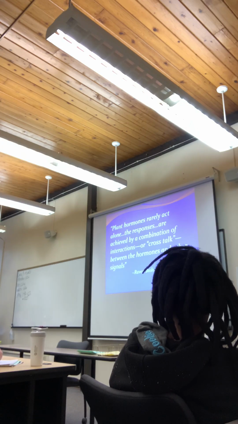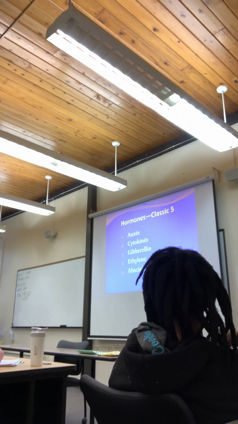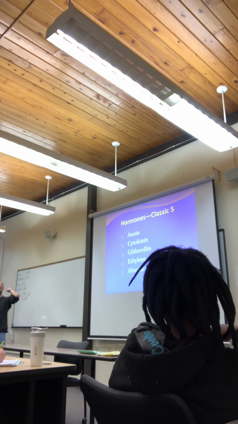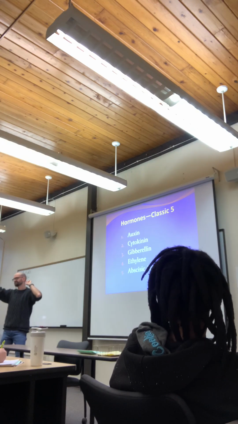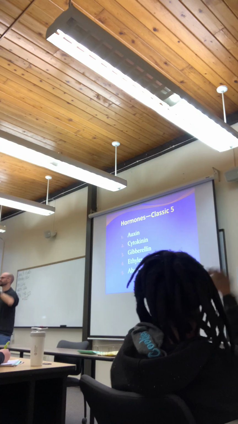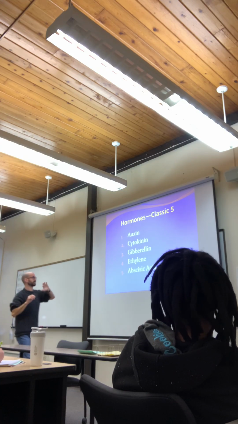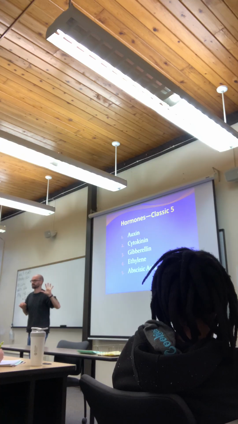Hormones rarely act alone. The responses are achieved by a combination of interactions or crosstalk with hormones and other signals. So we talk about it in kind of a mechanistic way, like auxin does this. And to a large extent that's true, but just keep in mind that there's always context. There's definitely a relationship among the hormones.